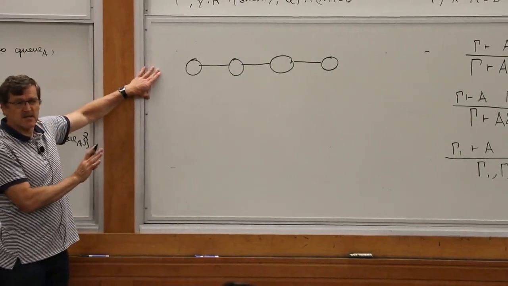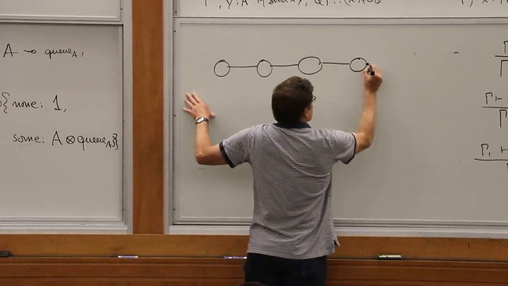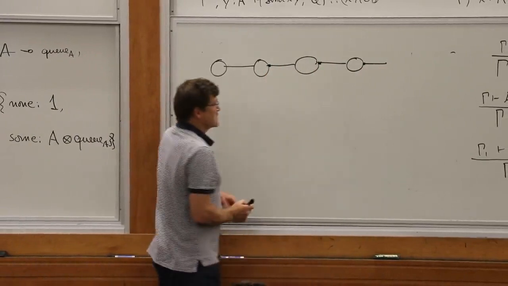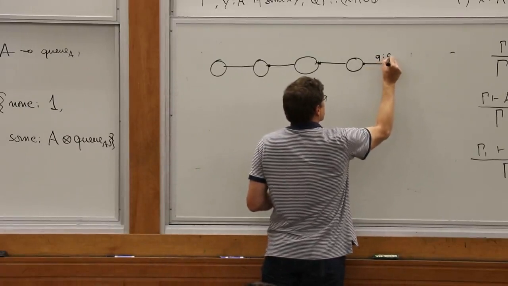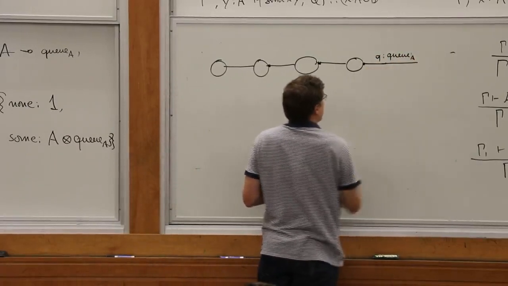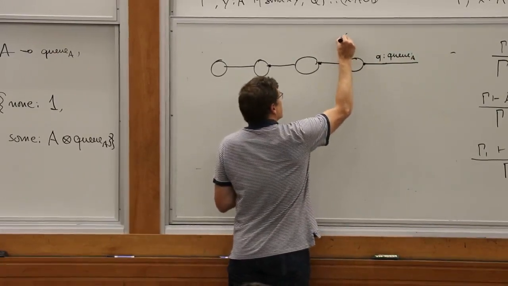So they execute slightly different programs, these processes. This little circle means I'm providing that service and I'm using these. So I'm providing along this channel the service of a queue with elements of type A. And I'm also holding an element, which is the first thing in the queue.